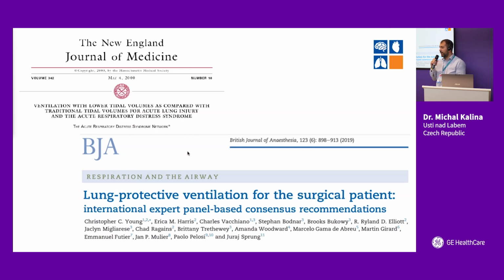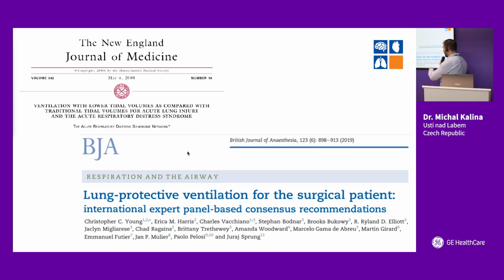We all know the recommendations, and that was the paper that was the beginning of LPV in the ICU for patients with ARDS, but over the last 25 years, we know that this strategy is not just for ARDS patients, but also for healthy patients, and it's beneficial for the healthy patient in the ICU. And as this became a standard of care for patients in the ICU, we just started to move this strategy to ORs as well.